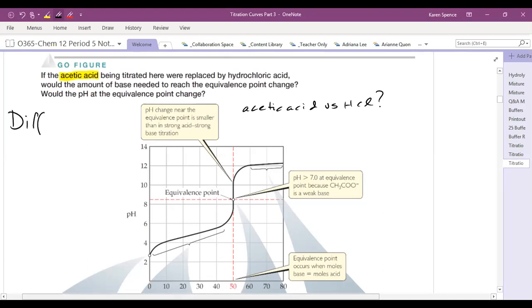See if you can name 3 differences in the titration curve. You might even be able to do 4, but let's try for 3. Can you think of any differences in this curve from the one on the previous page, the strong, strong?